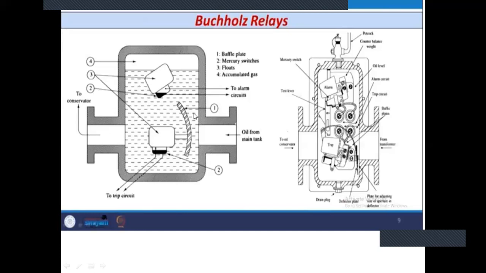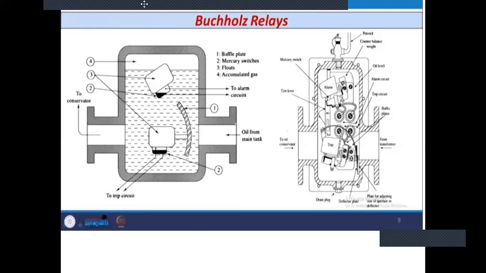So whenever a very small minor fault occurs in the transformer, what will happen? When the fault occurs, this upper float, which was supported by the oil, will no longer remain in its original position, because of the U and C effect. The oil level drops because of the formation of bubbles, which are somewhere here.